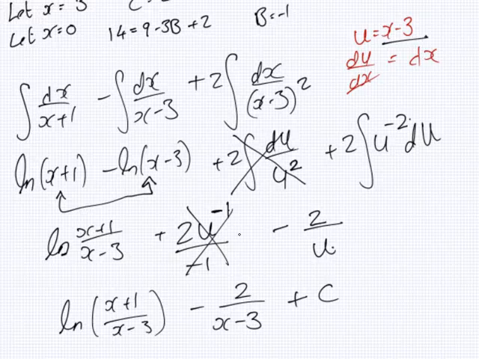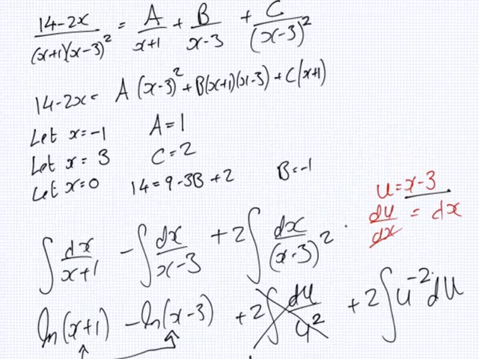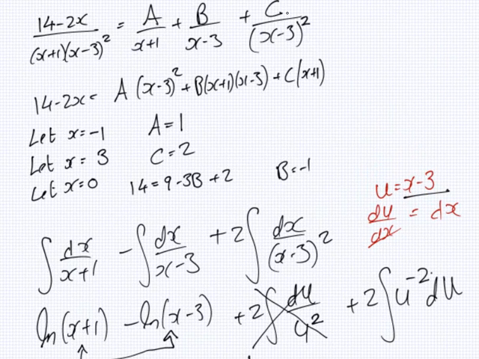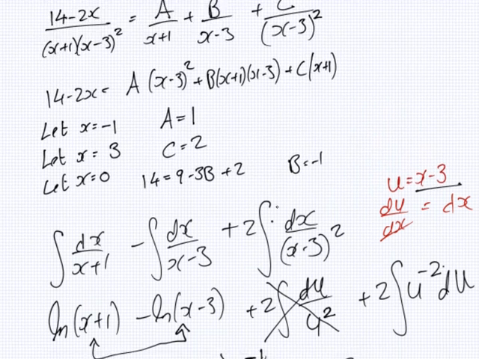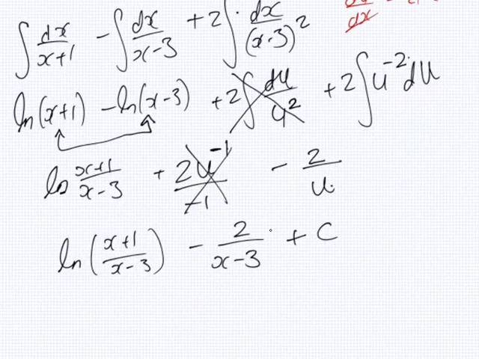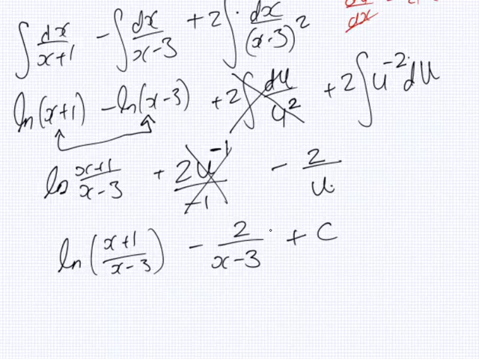Now, there was another way to do this. You remember we said we could have had cx here. Which means there would have been an x here. That would have made the question a little bit longer and more difficult to do, because the reason this is so nice is because there's nothing on the top.